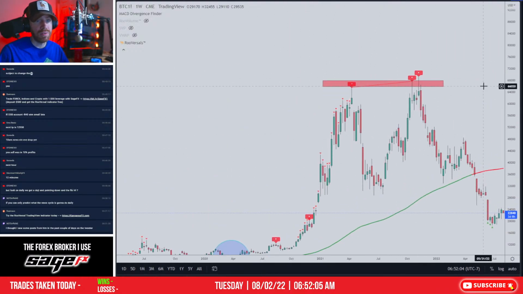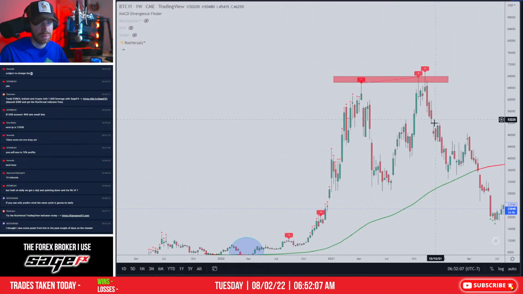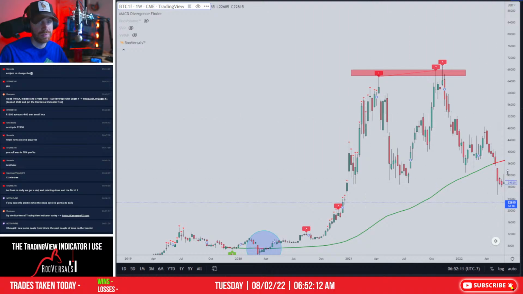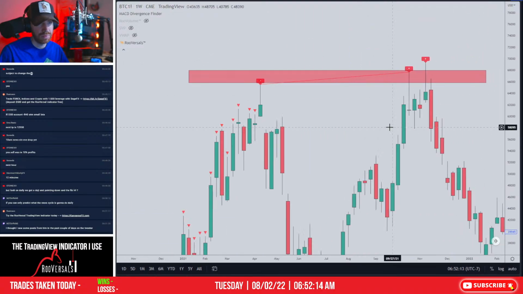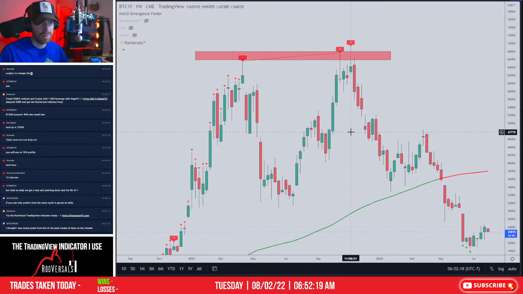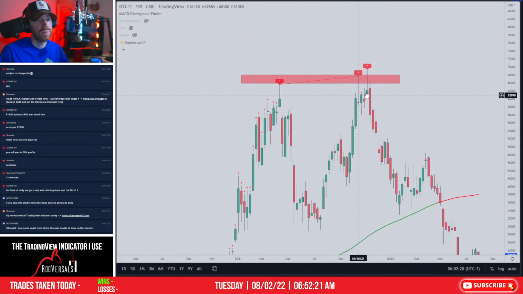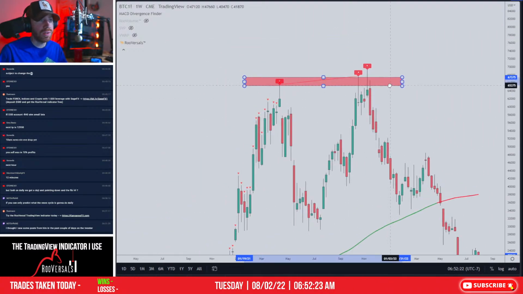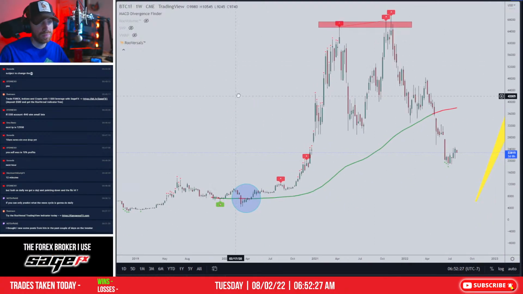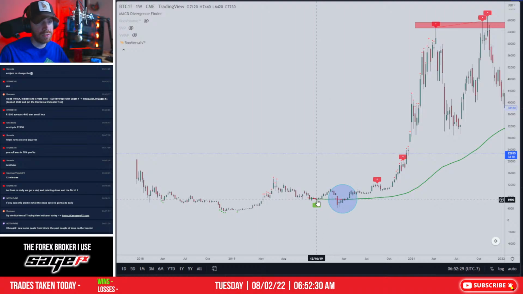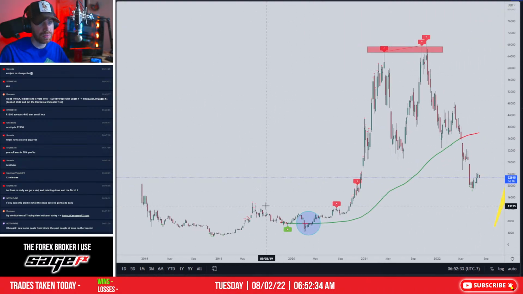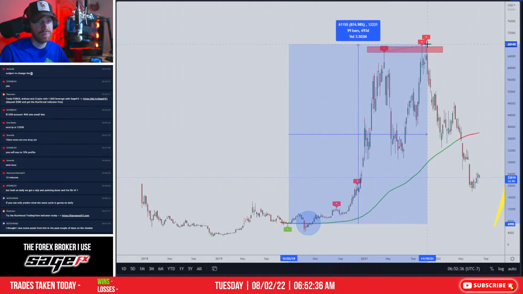All kangaroos with divergences. On the weekly. This is Bitcoin weekly. You tell me, is this indicator worth the fucking money called the top, triple top on Bitcoin? On the weekly. Plus, gave an entry down here at 6,900. 6,900 entry.